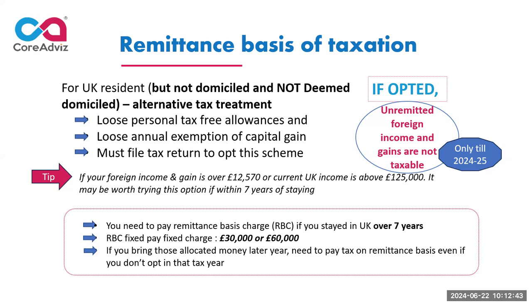It does not matter whether you are opting for remittance basis in the next year or whether the rule is valid or not. You still have to pay tax because you deferred this income, which is what remittance basis means: you are deferring the income for a future year. So you are saying that you will pay tax only when you bring money to India. Hopefully I have covered these scenarios.